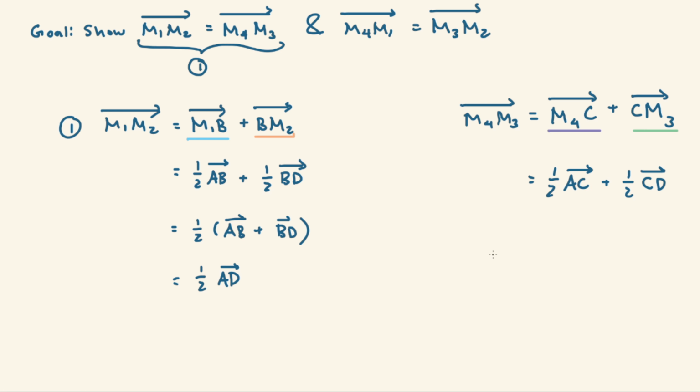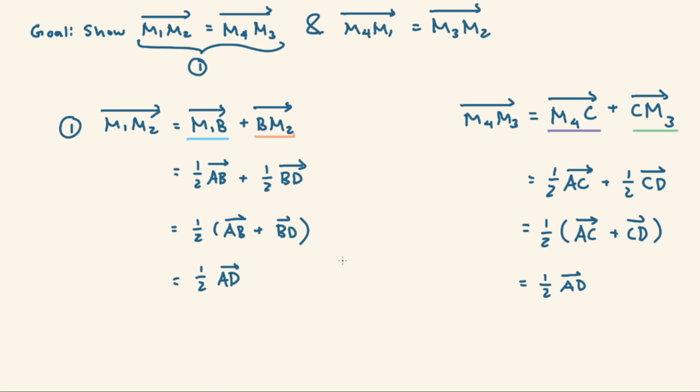And now, just like before, we're going to factor out that 1/2. So 1/2, and we'll have AC plus CD. And using our vector properties, once again, this middle vertex, the C right here, since they're the same, we can just get rid of that. We're just going to have the vector from the start to the end point. It's just going to be half of AD.